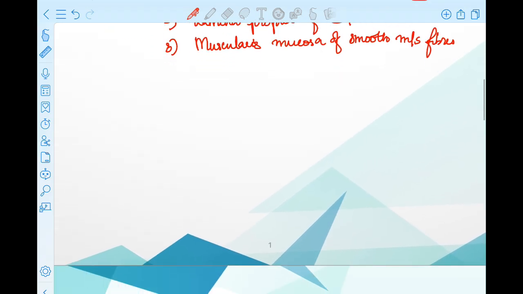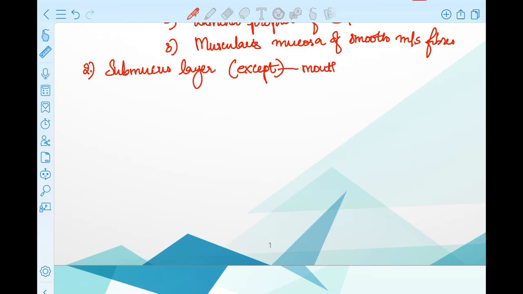Now, the next layer is the submucous layer. The submucous layer is present in all parts of the GI tract except in the mouth and pharynx.